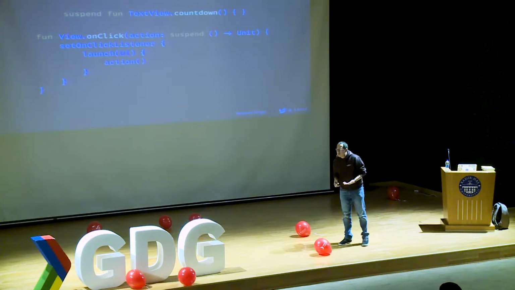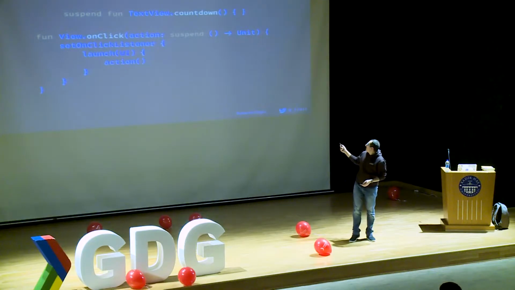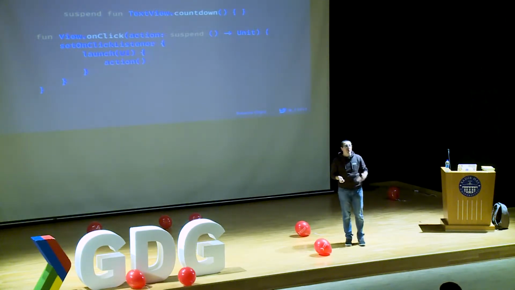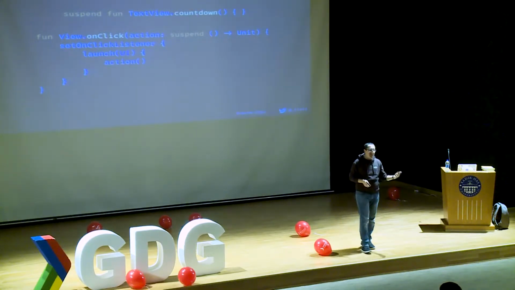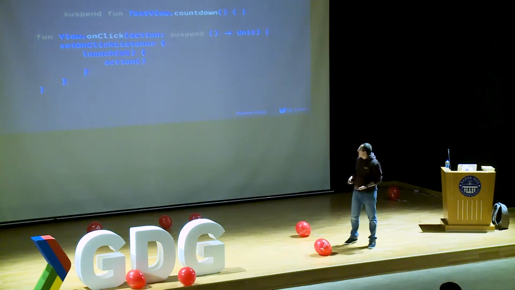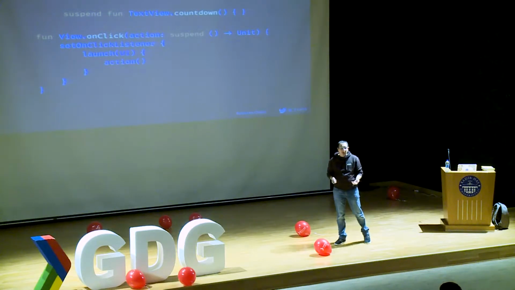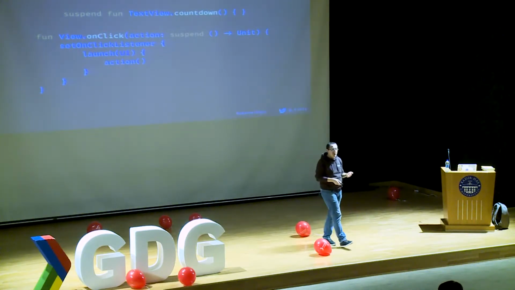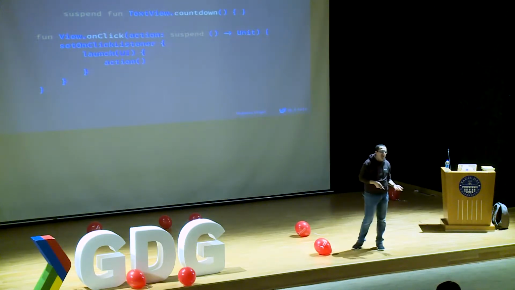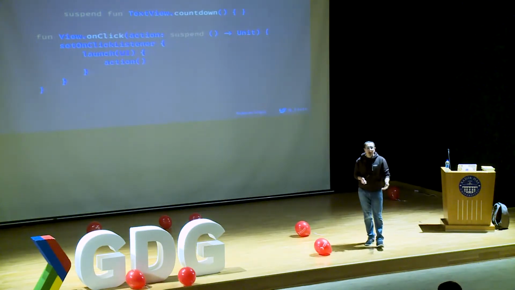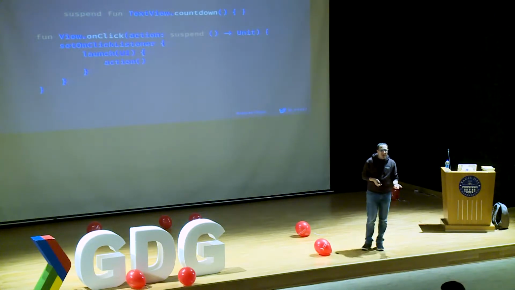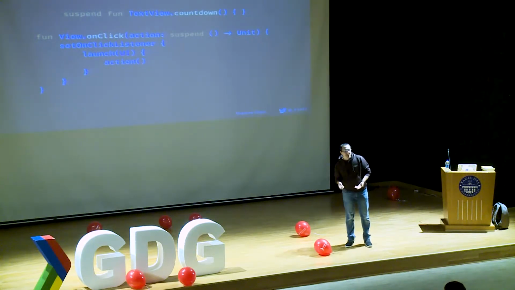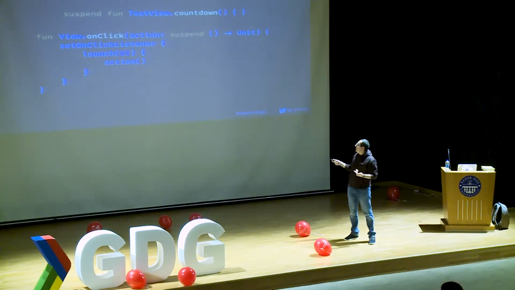So what we have here, we have our suspending function that will create a countdown and wait every iteration for 1 second, and we have this extension method that will set a click listener and will give our results back to the UI, because we all know that if we try to access our view out of the UI context, it's gonna end badly. So we are sure that this one works.